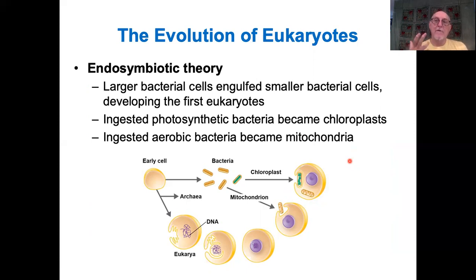And this has given rise to this theory that the eukaryote cell arose originally from a primitive cell, which actually took in bacteria, which had different functions. So, for example, this here is an early cell, a very, very early cell, very primitive cell, which is going to give rise to 2 principal groups, to the bacteria and to the archaea.